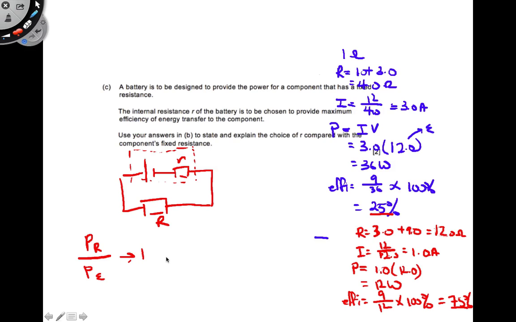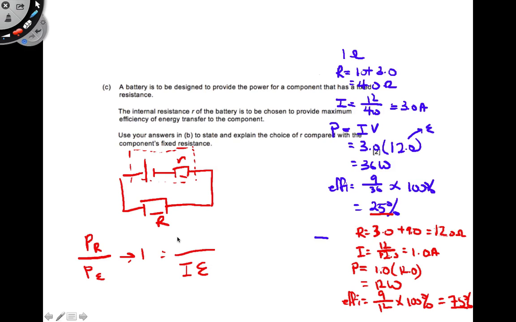This is given by total current. So I can work out the total power developed, which is just equal to total current multiplied by your EMF.